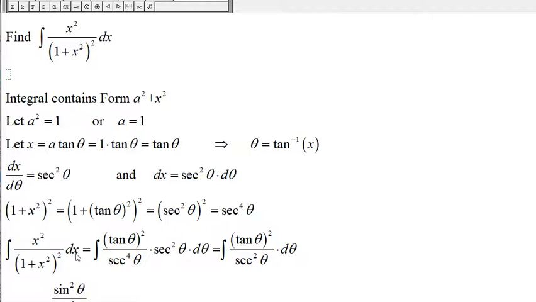Dx is secant squared theta d theta. And then here we have secant squared dividing by secant to the 4th. So we end up with secant squared on the bottom here. And so we have tangent squared dividing by secant squared.